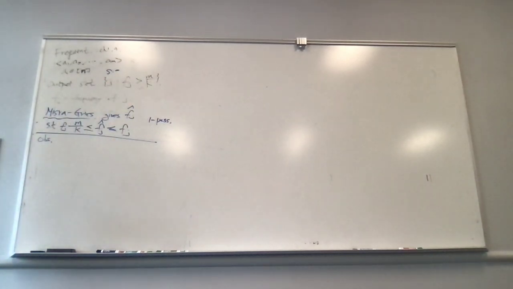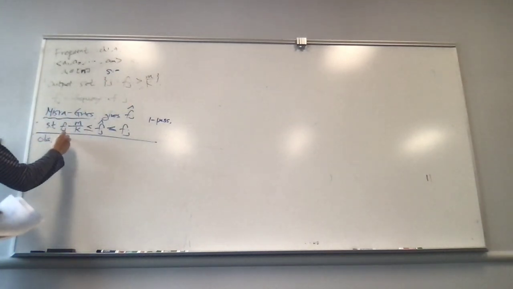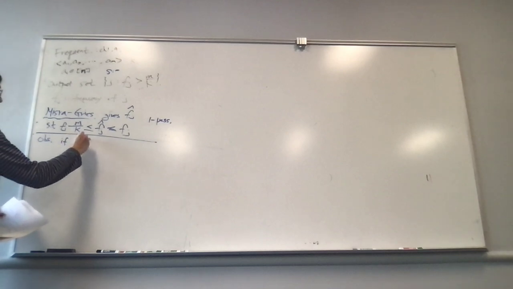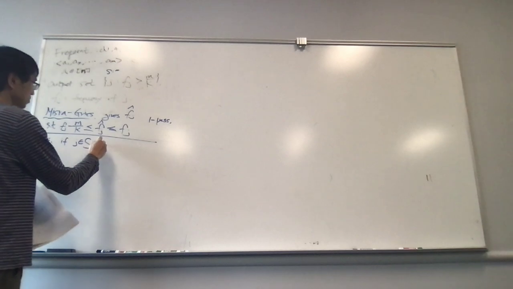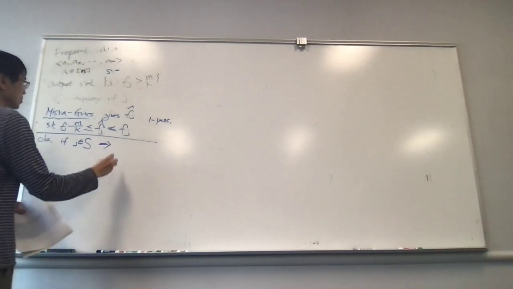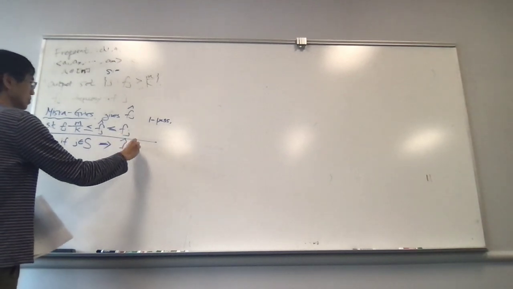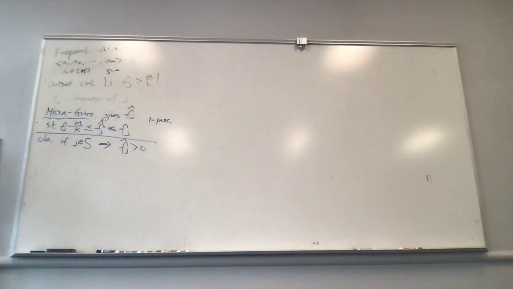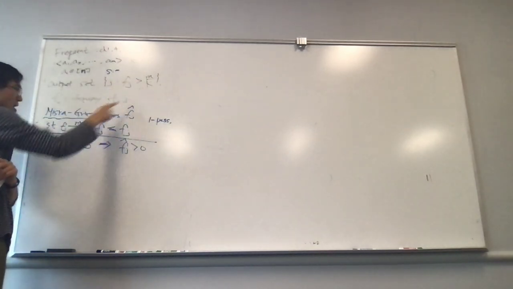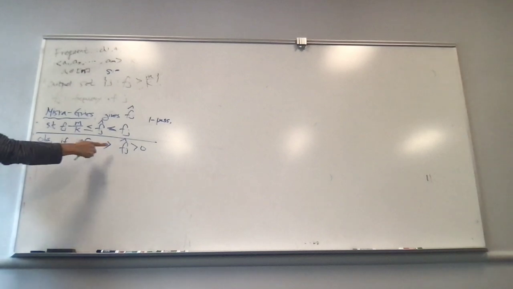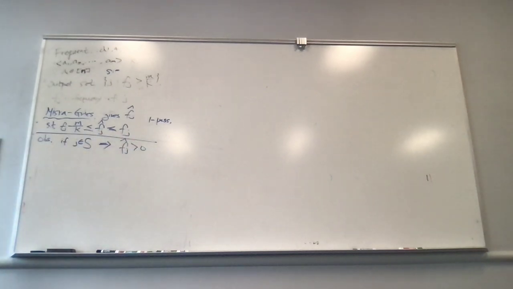What I know is that if an element is a high-frequency element, then the estimate would be strictly positive. It means that the frequency should be at least m over k, and therefore the estimation will be greater than 0. Make sense?